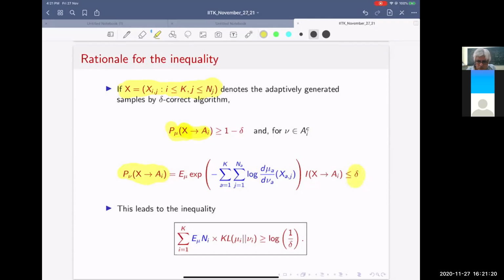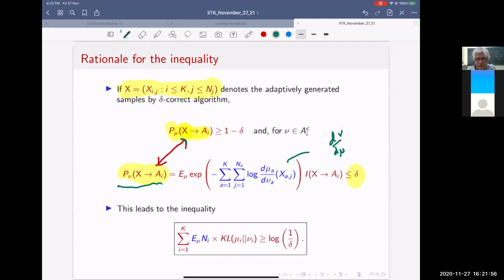Now I don't know how many of you are very familiar with change of measure arguments, but these two probabilities can be related to each other by change of measure, just by the likelihood ratio. So P_nu is just the expectation of the indicator that X leads to the conclusion A_i. I can express this under measure mu by adding a Radon-Nikodym derivative, d nu by d mu here.